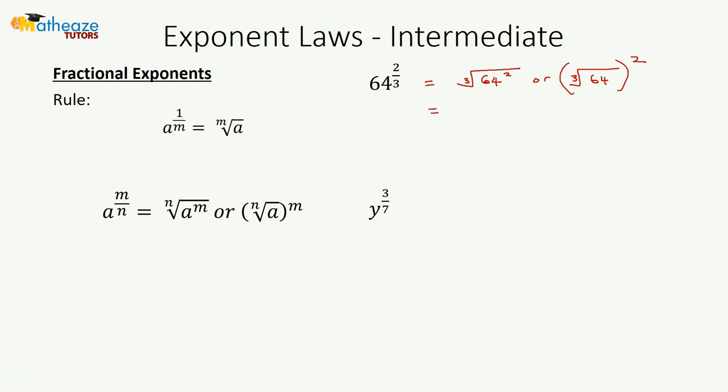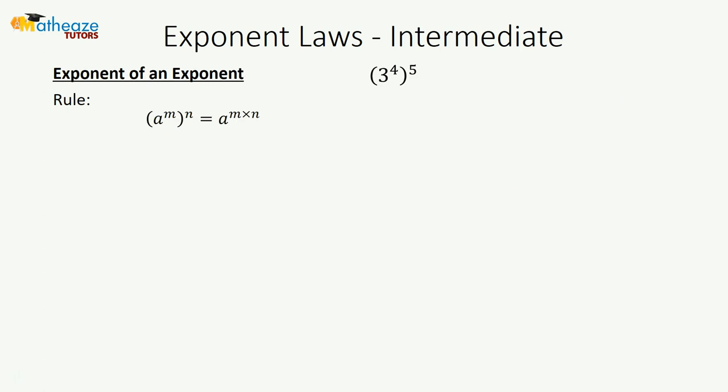So this is going to give us 4 squared, which is 16. Now in this case, we have the root here is 7, and then y to the power of.